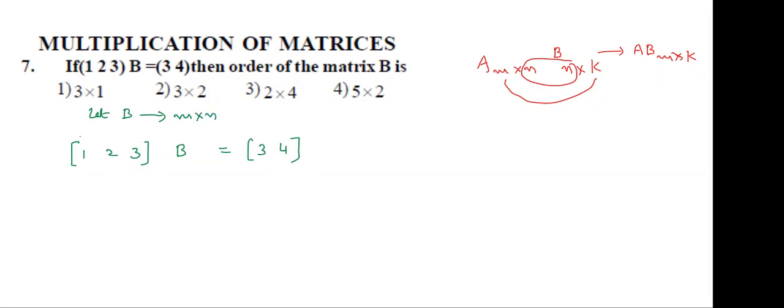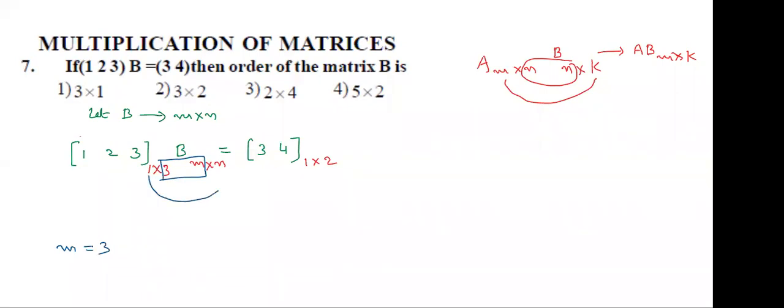So [1, 2, 3] means what is the matrix order here? One row, 3 columns. And B matrix order I have already taken as m by n. So after multiplication, how much did we get? 1 by 2. See, what are the conditions here? First of all, these two must be equal, then only matrix multiplication exists. So we got m is equal to 3.